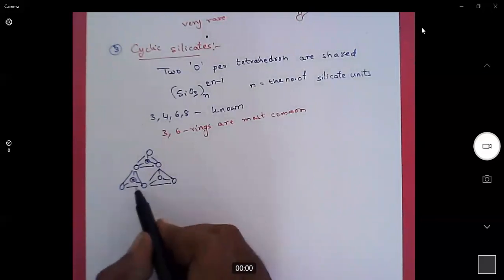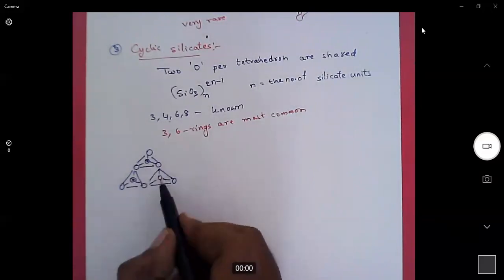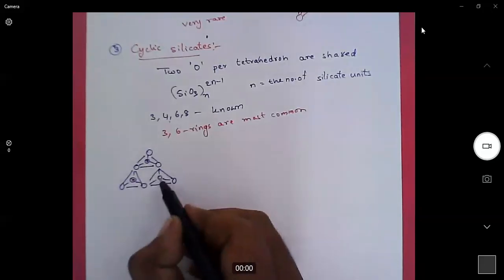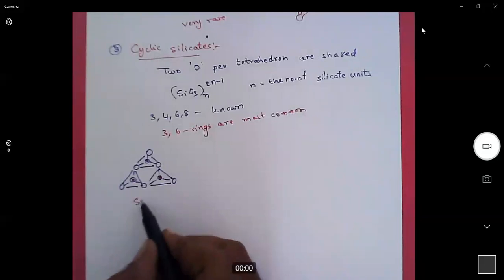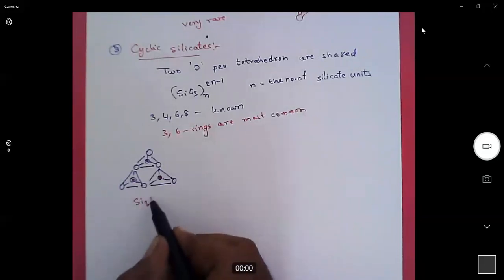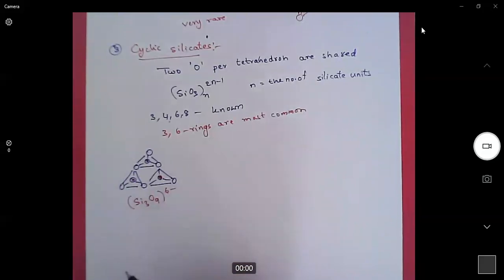Even in this silicate unit also, 2 oxygens were shared with the 2 silicate units. So like that, a 3-membered ring whose formula is Si3O9 6-.